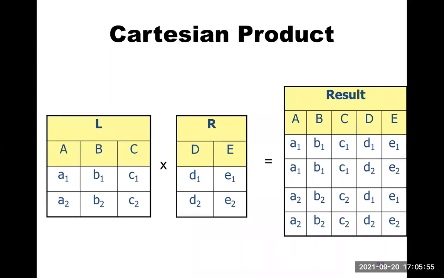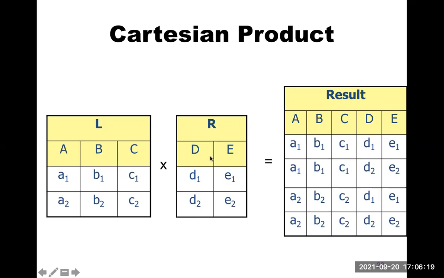So that's it. Speaking about Cartesian product, if we have two tables of, let's say, 3 columns and 2 columns, the result is 3 columns from the first table, 2 columns from the second table, and all the possible combinations. First record from here with first record from there. First record from here and second record from there.